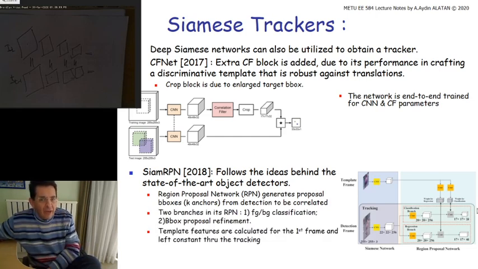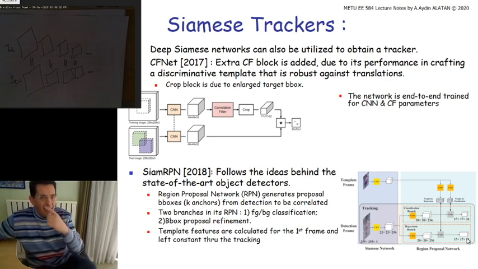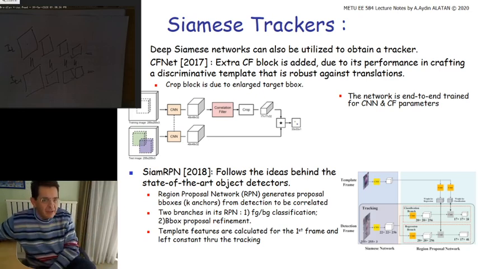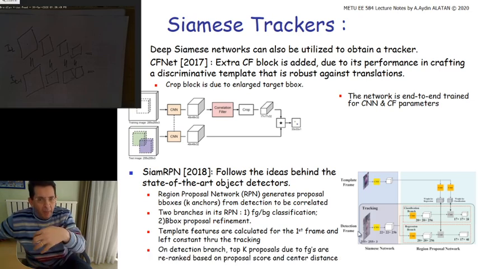We are not only doing that, we are also making a foreground background classification here in this branch. Okay, the region proposal networks create some different bounding box hypotheses. And at the end, the template feature coming from here, from the first frame, we are just combining them.